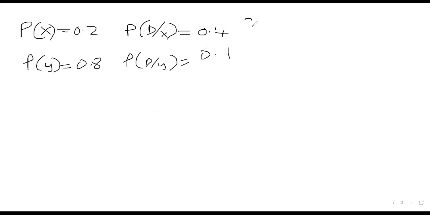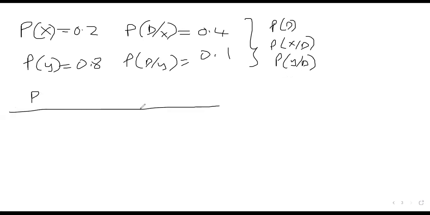So they're asking us to find three things: probability of a defective, probability of X given defective, probability of Y given defective. So let's come up with the table again. I said we have a prior probability here, conditional probability here, we have the intersection here. We have what?